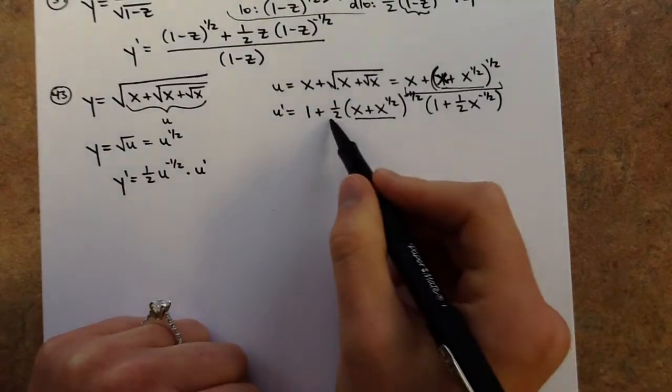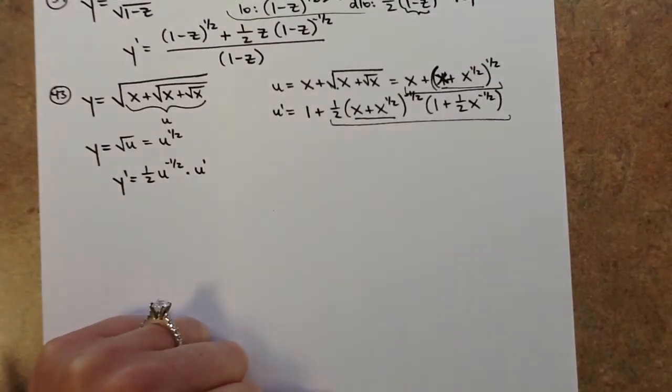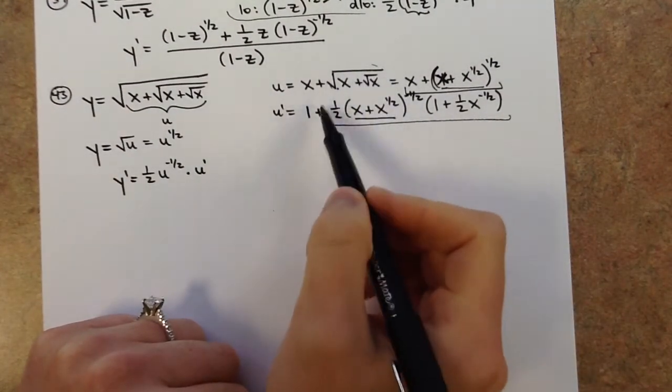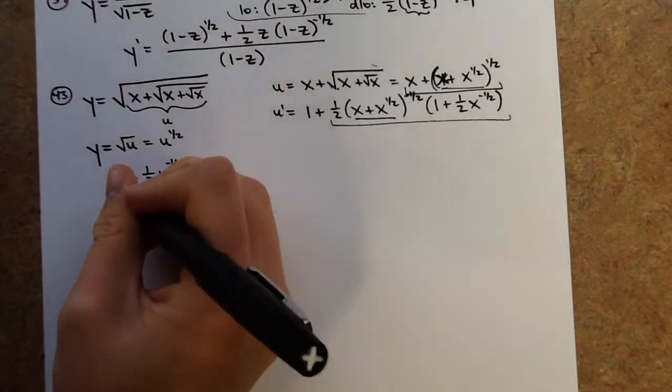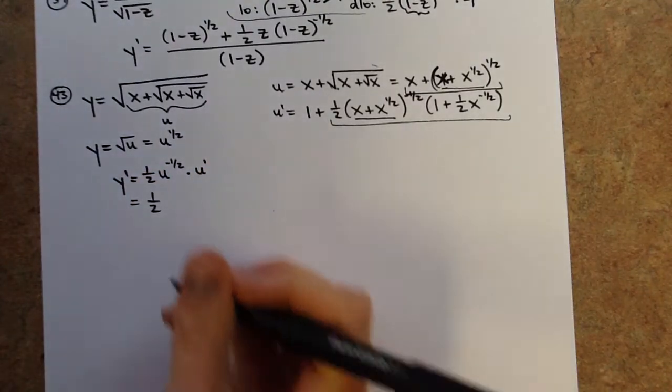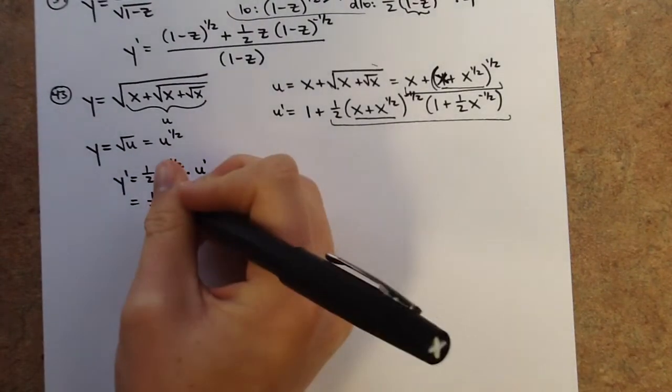All right, so now keep in mind this whole quantity is all multiplied together. That is the derivative of this piece right here. Don't forget that we have the 1 there, which is the derivative of x. Okay, so now let's plug all this stuff in. So 1/2, now plug the u back in here.